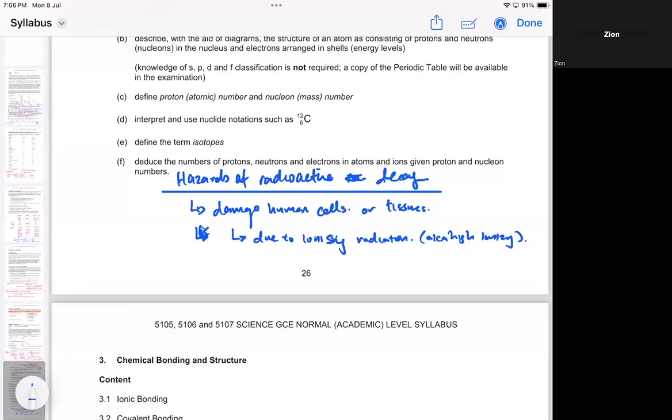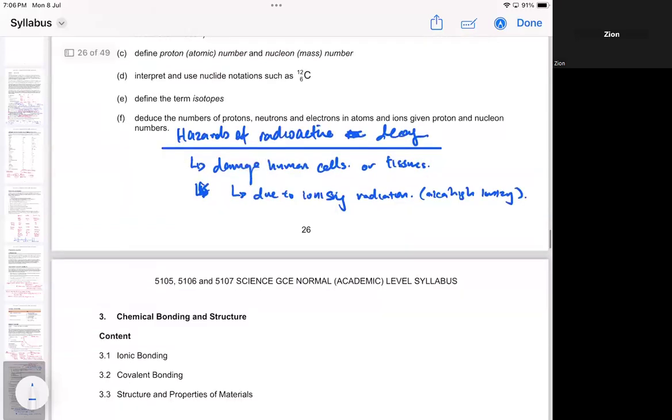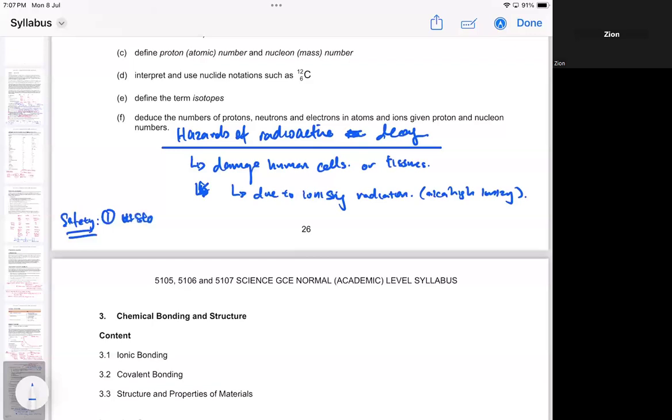Okay, and the last part is safety. When handling these, number one, storage of the material: they should be in a shielded container, and this shielded container ideally is lead-lined.